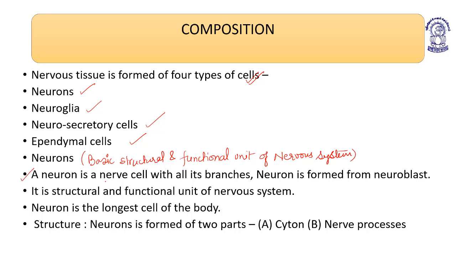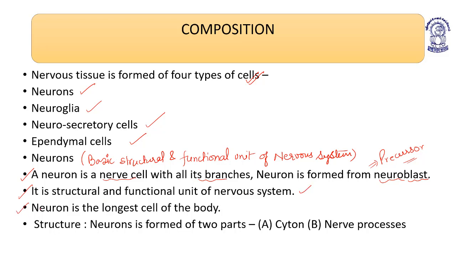A neuron is a nerve cell with all its branches. Neuron is formed from neuroblast. Neuroblast is the precursor of neuron. Understood? It is a structural and functional unit of the nervous system.